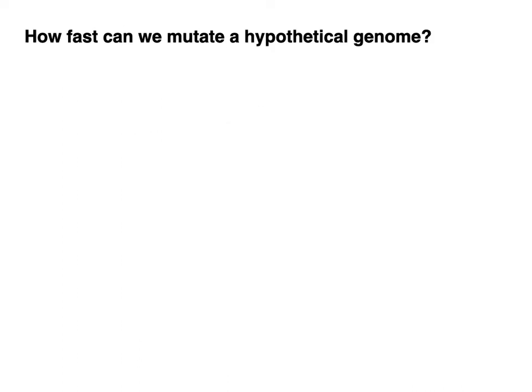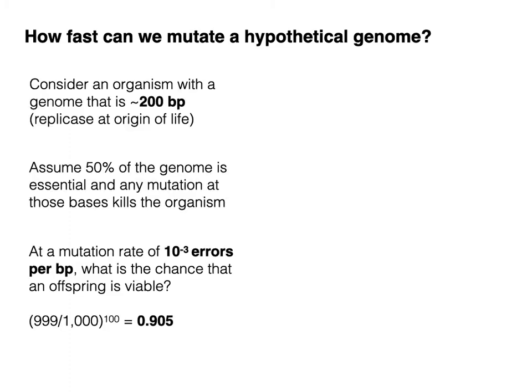To motivate our work on orthogonal replication, let me first ask you to consider the following question. How fast can we mutate a genome? Let's first consider a hypothetical organism with a very small genome, say 200 base pairs. Perhaps this was a replicase at the origin of life. And let's assume that half of those 200 base pairs are essential. At a mutation rate of 10 to the minus 3, what is the chance that an offspring of this organism is viable?